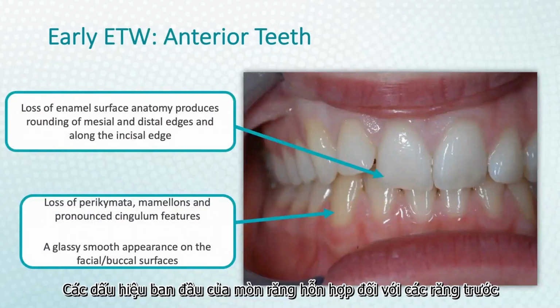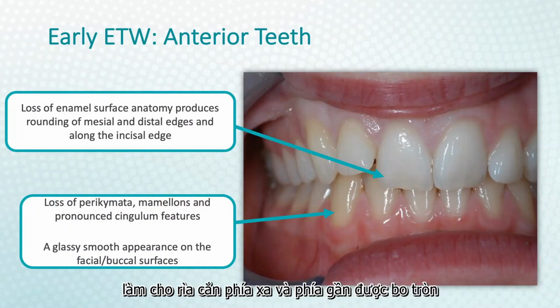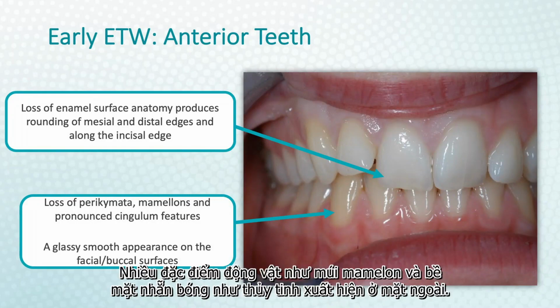Early signs of erosive tooth wear for anterior teeth may include loss of enamel surface anatomy, producing rounding of the mesial and distal edges and along the incisal edge, loss of enamel features such as mamelons, and a glassy smooth appearance on the facial buccal surface.